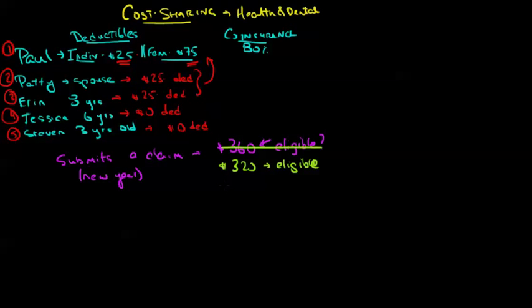So now what will happen is we will first take off the deductible, the $25 deductible, which brings us down to $295. And we would then apply the coinsurance, an 80% coinsurance factor.